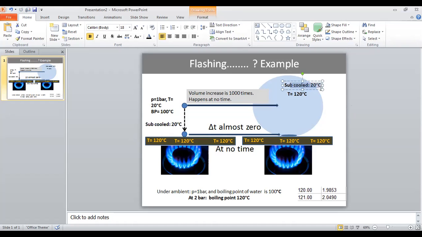You may know that. 120. So boiling point also here is 120 degrees. This is saturated at 1 bar. Always for saturation, the pressure and temperature go together.